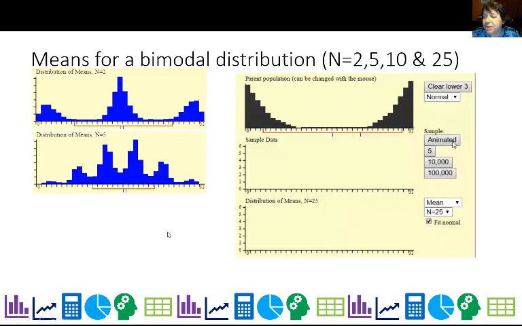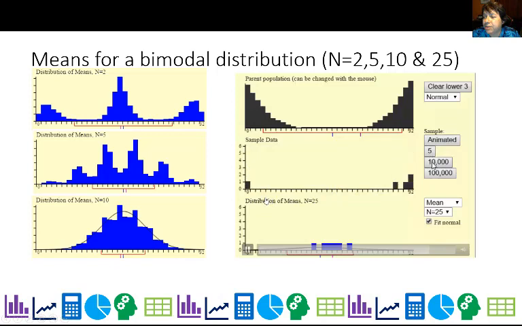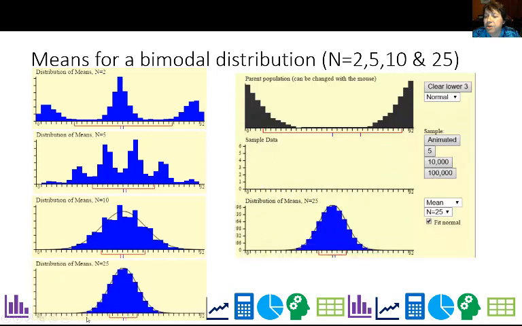So now it's starting to look a little more like what you've seen before. It's kind of normal. Now we're doing sample sizes of 25. See how I gathered 25 data points, added them up, and then put the average here. And when you take a lot of samples there, you can see it actually looks very much like the normal.